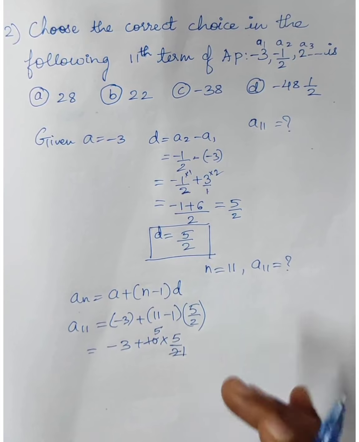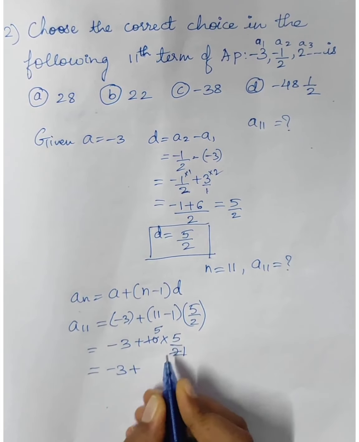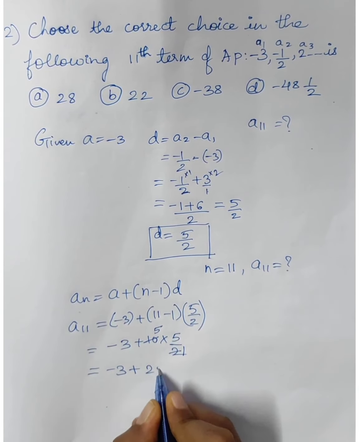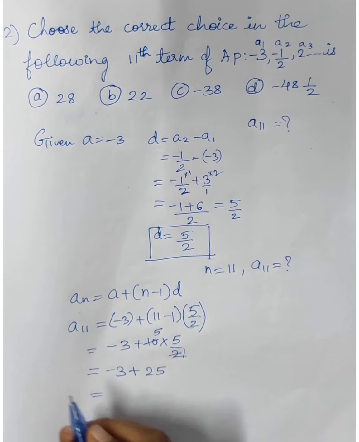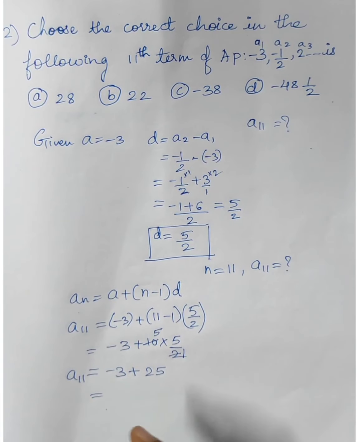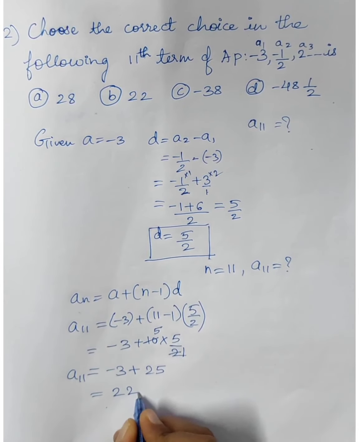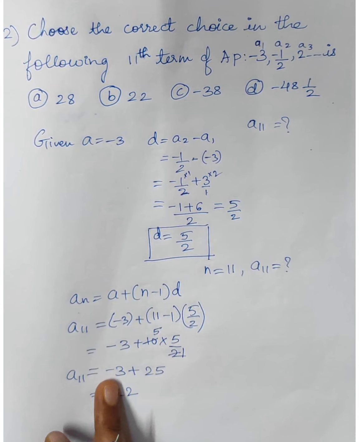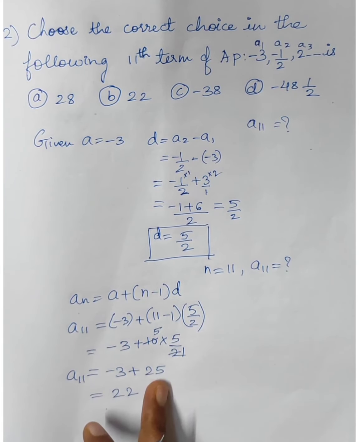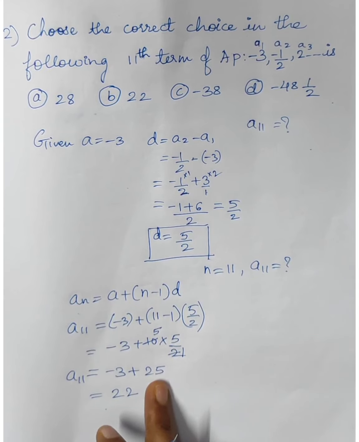This is simplification. Next, minus 3 as it is, plus 5 fives, which is 25. So A11 is equal to 25 minus 3, which is 22. Here I have written plus 22 because even though here it is negative, the greater number's sign is positive. 25 is greater than 3, so the sign is positive.